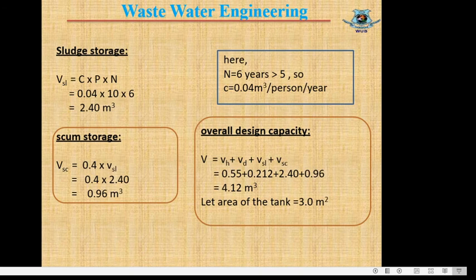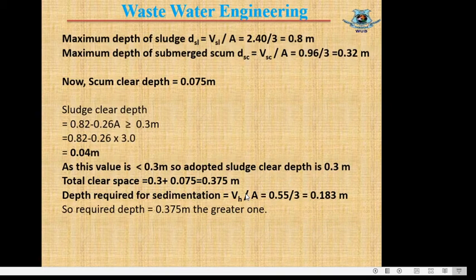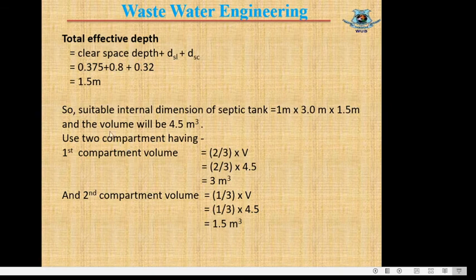As our minimum overall tank capacity was 4.12 meter cube, the final volume stands at 4.5 meter cube. So use a 4.5 meter cube tank with a depth of 1.5 meter.